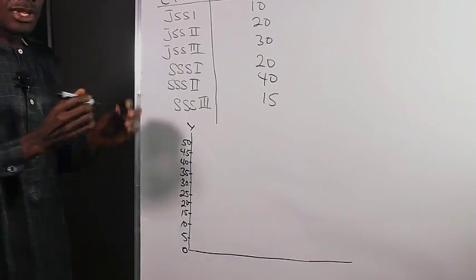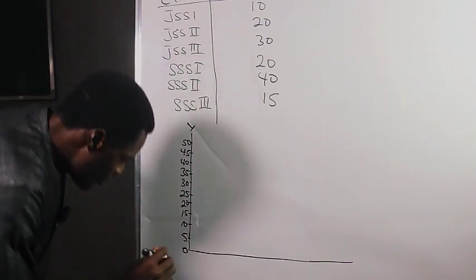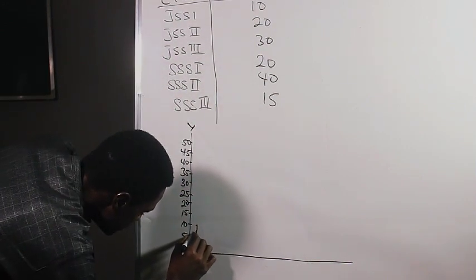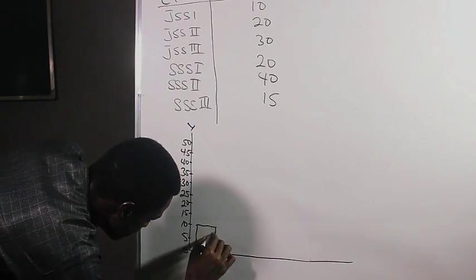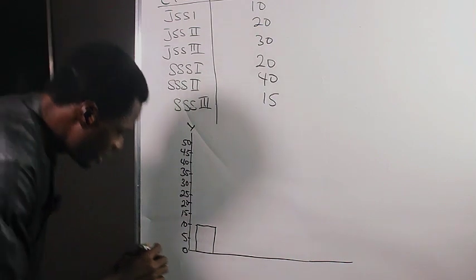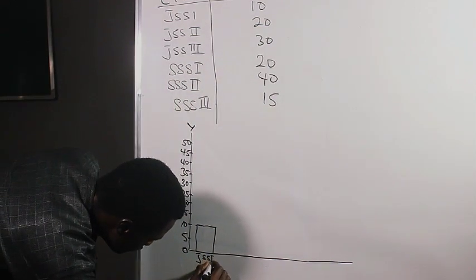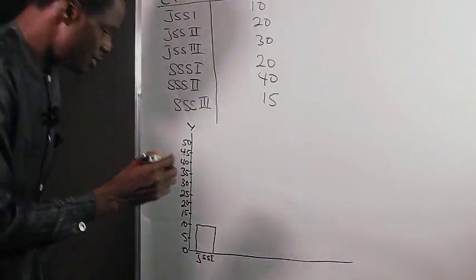So we start with JSS1. JSS1 contains only 10 students. So the length of our bar will correspond to 10. So this one represents JSS1. Then JSS2 contains 20 students.